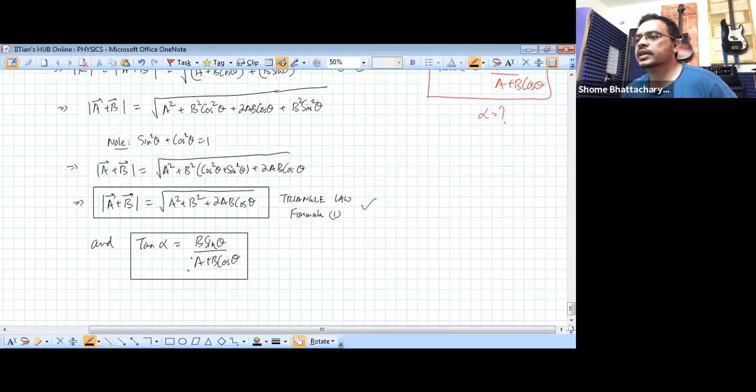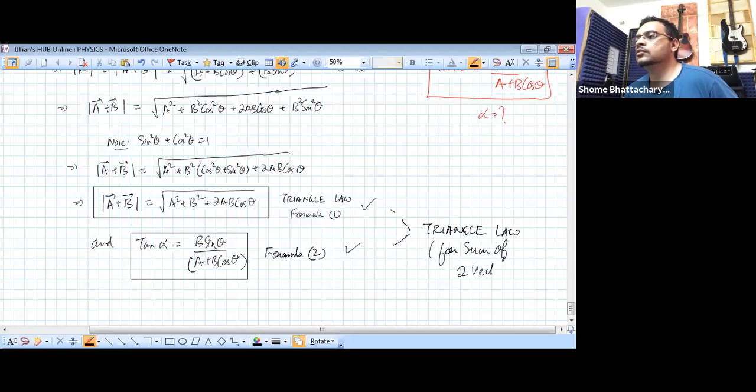So from that we know the direction. So this is triangle law formula number 2. Collectively these two are called the triangle law for sum of two vectors.